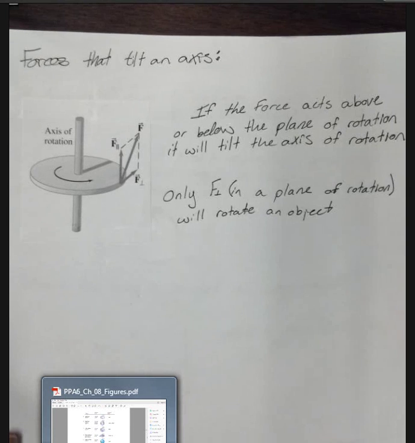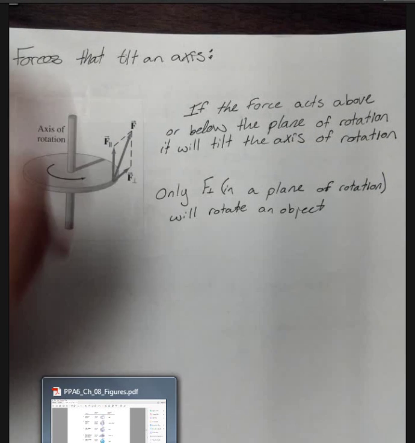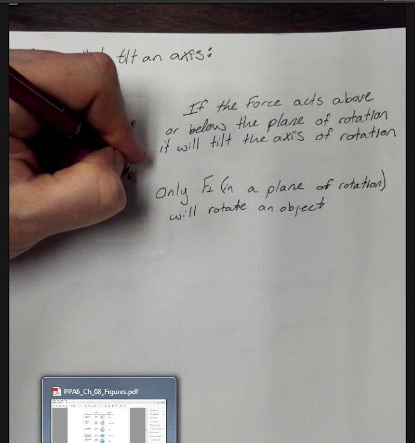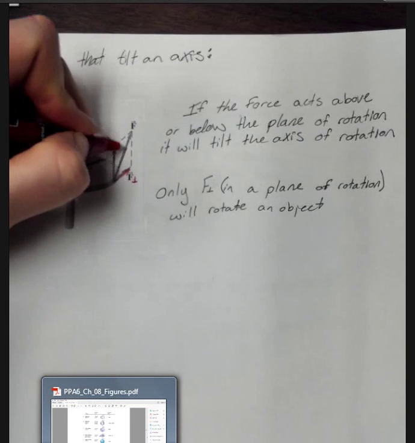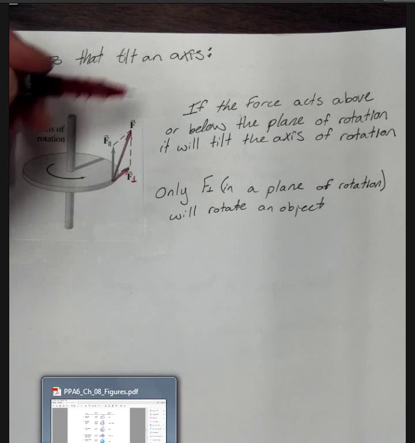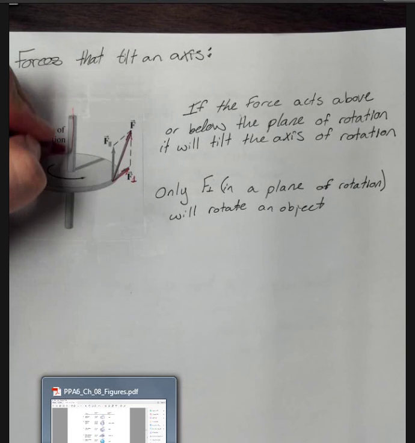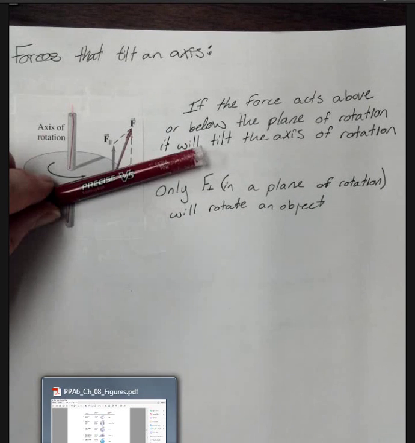So what about forces that tilt an axis, or forces that aren't directly perpendicular here? If I've got a force at an angle, that force that's going to act above or below this axis of rotation is actually going to cause the axis to tilt.